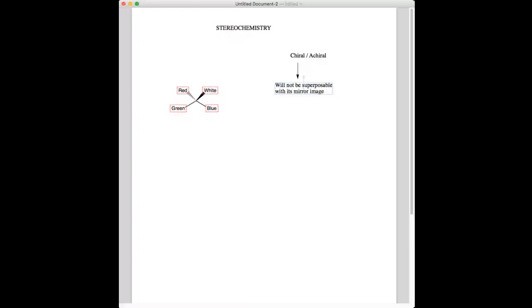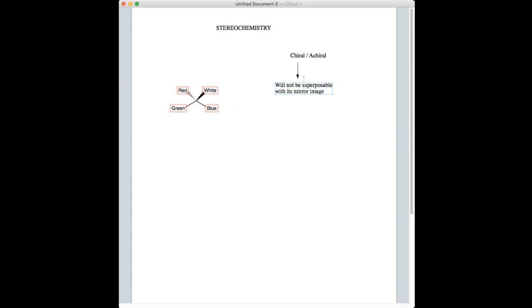Okay, so a chiral molecule will never be superposable with its mirror image, which basically means that these molecules can exist as enantiomers. They always will have an enantiomer, okay?